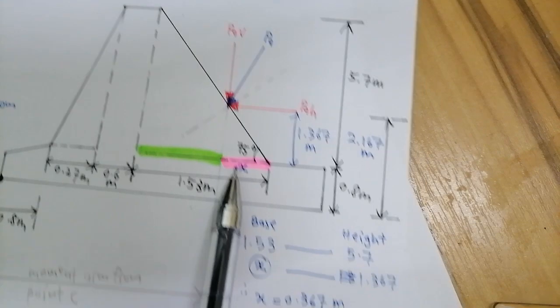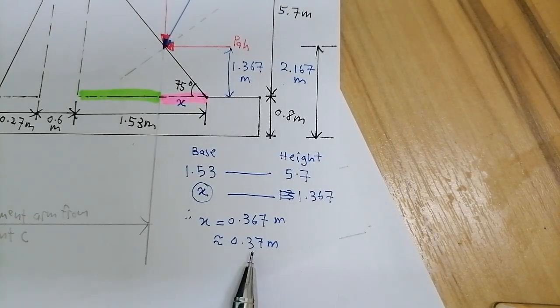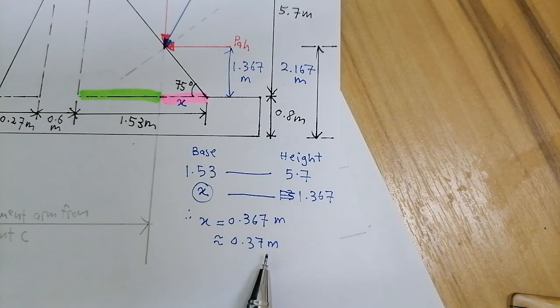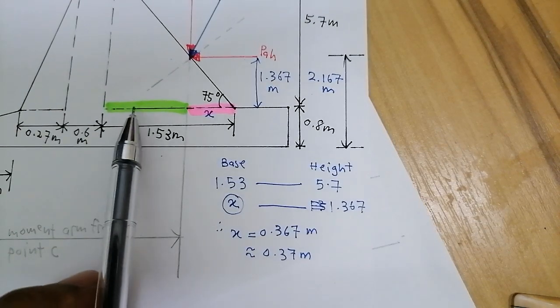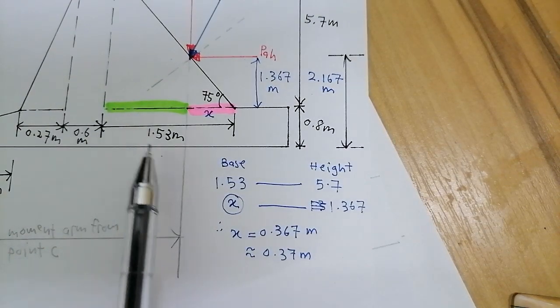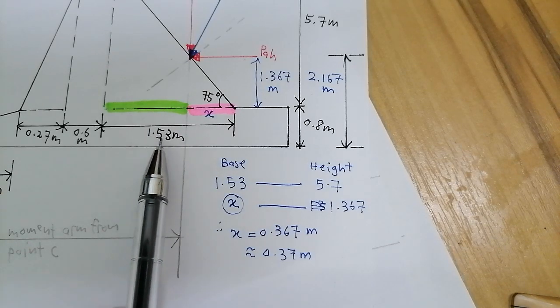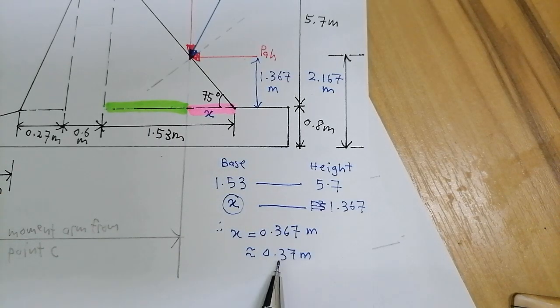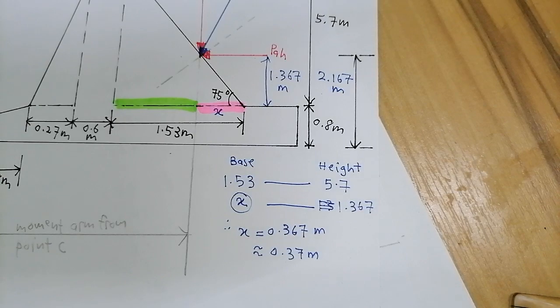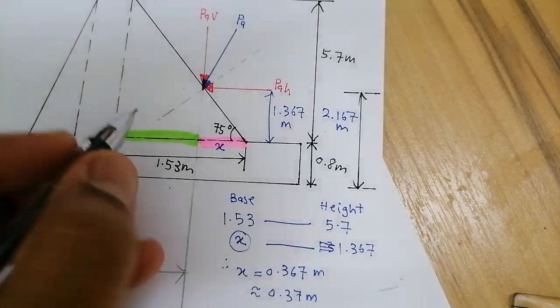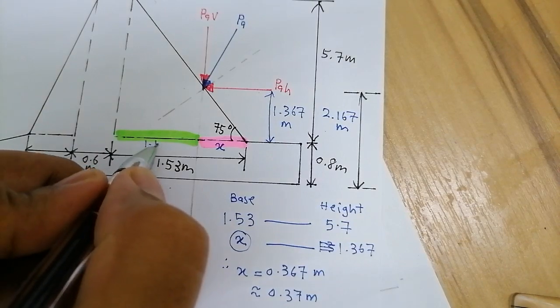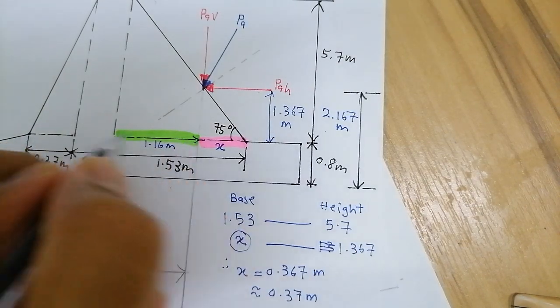So this is our x, which is approximately 0.37 meter. So to get the green one, it's basically just 1.53 minus 0.37, isn't it? So we got 1.16 meter, this green one.